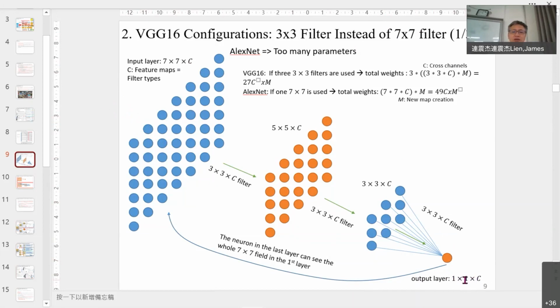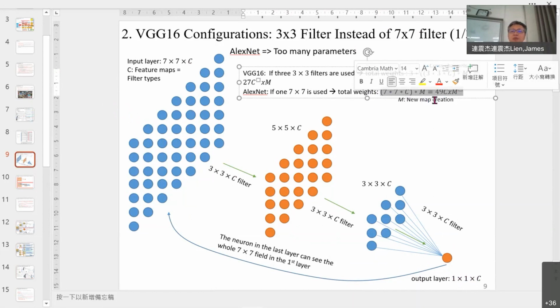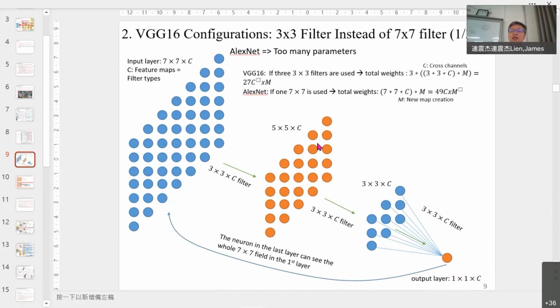Okay. So it's 7 by 7. And they count the number of parameters here. If you use 3 by 3 filters, after this one, your image size will reduce to 5 by 5. And one more time, 3 by 3.